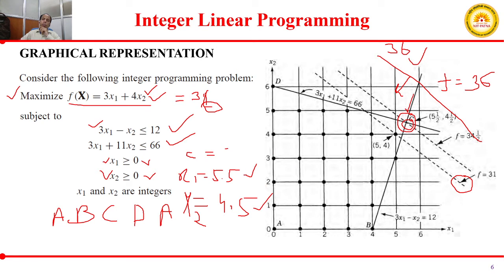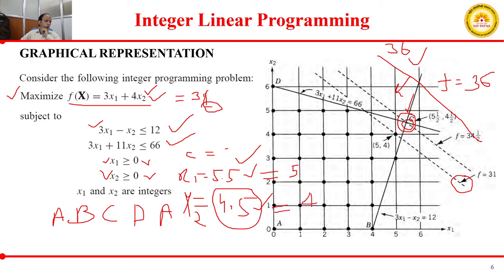These values cannot be greater than 5.5 for x1 and 4.5 for x2, otherwise the solution will go beyond the feasible region. So which values, if rounded off, will lie in the feasible region? These will be 5 and 4.